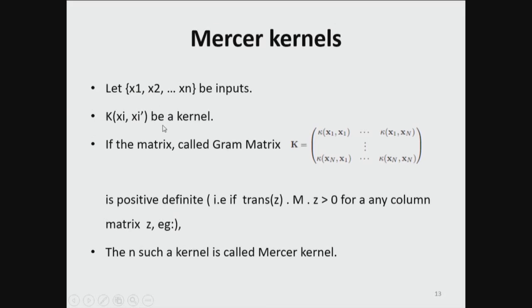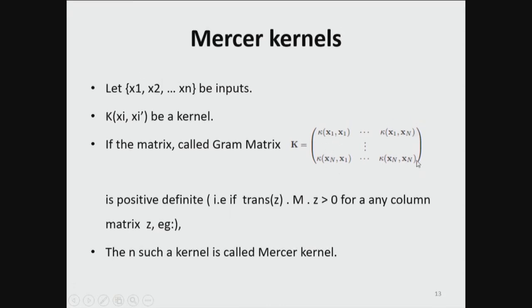The kernel can be anything, whether RBF kernel or any other type of kernel. Having that kernel, we can have the kernel function value for each pair x1, x1, x1, x2, etc., x1, xn. Therefore, we have the kernel function value for each pair of xi's in the input set.